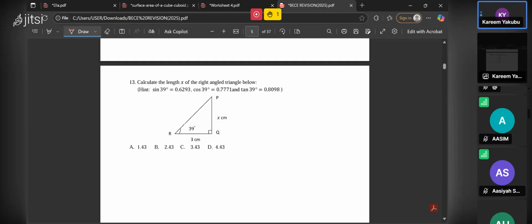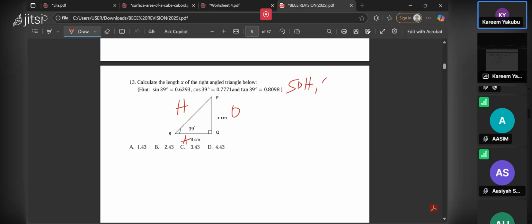The side that is facing the 90 degree angle is called the hypotenuse. I will write H there. The side that is facing the angle we are given is called the opposite. Then the other side will be the adjacent. In this case, we are looking for the opposite, and we are given the adjacent. So in SOHCAHTOA, that's the second step.